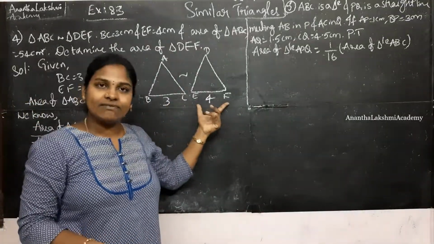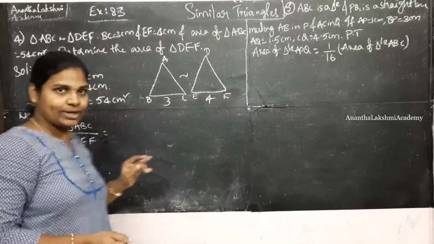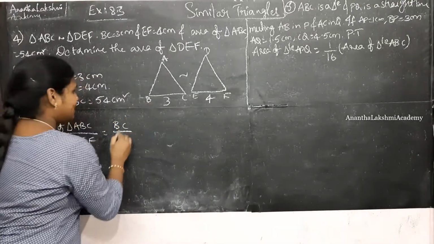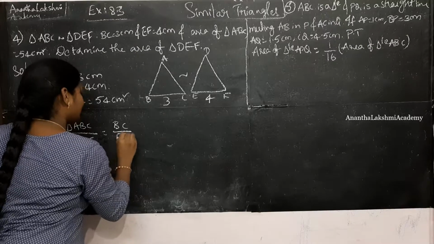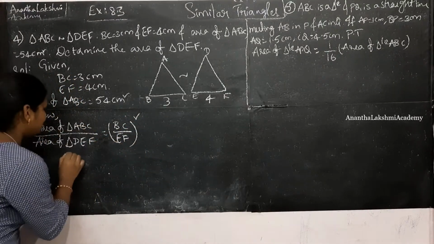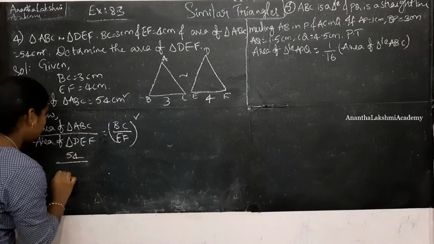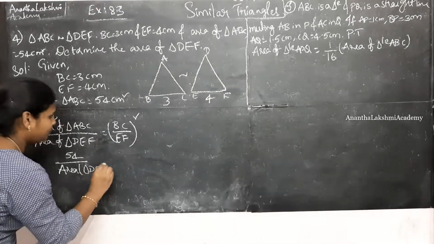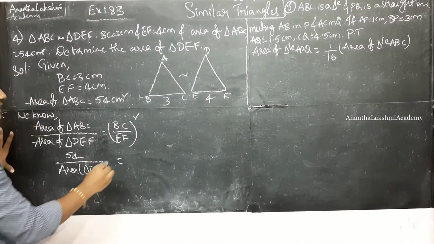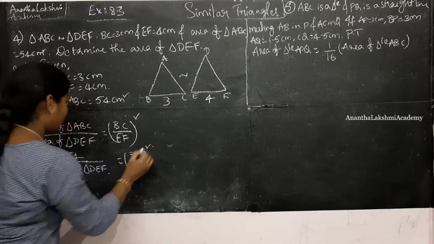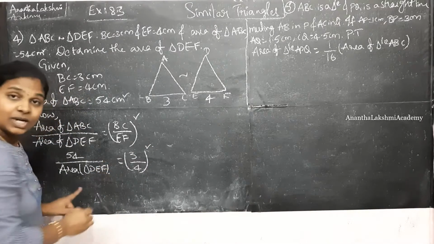Since BC and EF lengths are given for us, I am going to consider it as the squares ratio, BC by EF whole square. This is what we have learned, isn't it? Area of triangle ABC is given for us 54 by area of triangle DEF is equal to what is BC? 3 by EF 4. So from this, can we get area of triangle DEF?